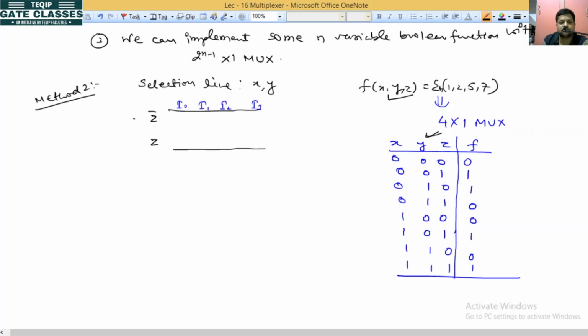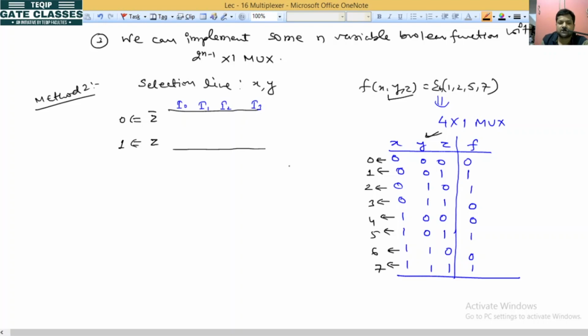The value of z bar is 0 in a minterm, and the value of z is 1, because at 1 it is in normal form, and at 0 it is in complemented form. Now this one represents decimal value 0, this is 1, this is 2, this is 3, this is 4, this one is 5, this one is 6, and this one is 7.